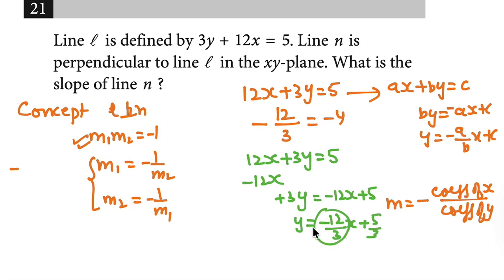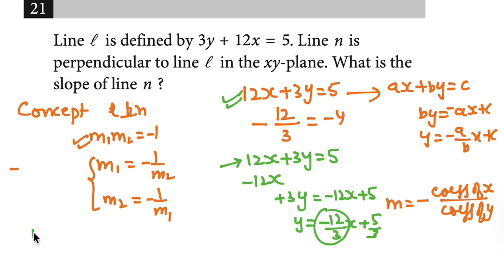You will find the slope as -4. So try to learn this shortcut. This will save your time: if the equation is given in standard form, instead of converting it into slope intercept form, you will directly do the negative of the coefficient of x over the coefficient of y. So the slope of the given line is -4.